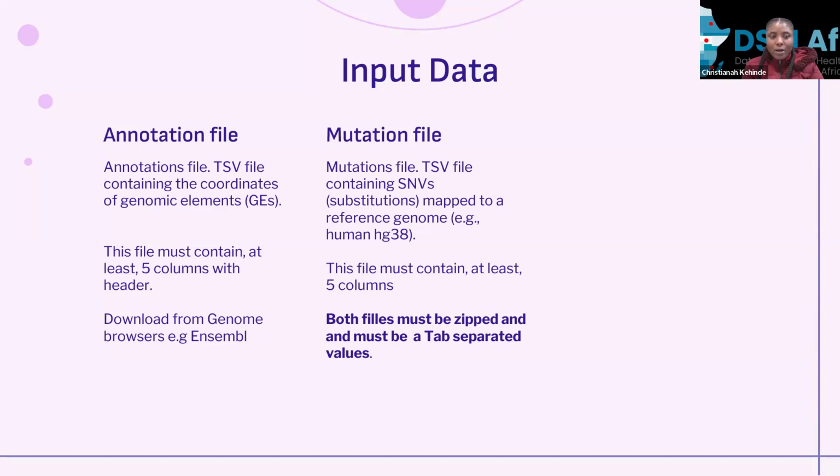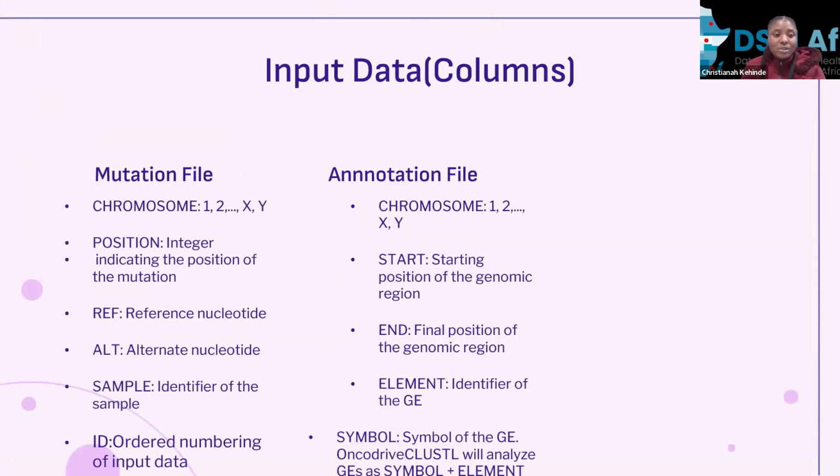Yeah, so for the annotation file, the annotation file also contains a CSV file, very important, and it should be zipped too. But it contains the coordinates of the genomic elements, which implies that it can be downloaded from genome browsers.